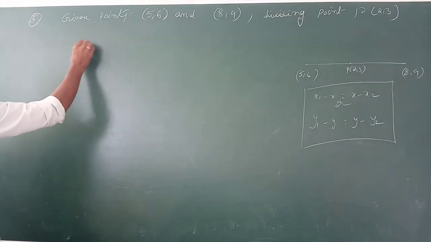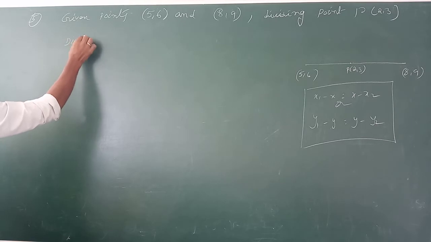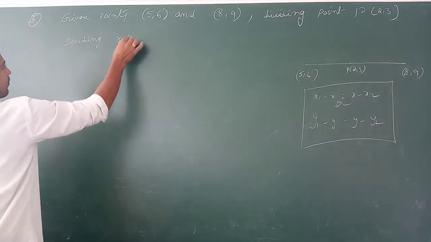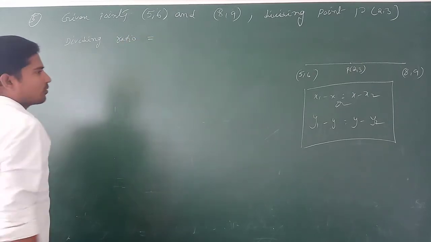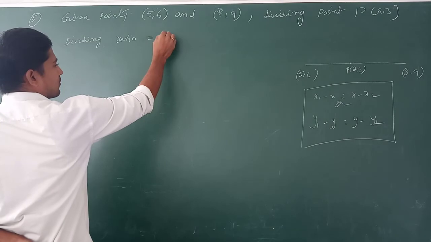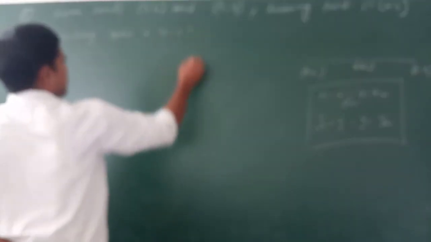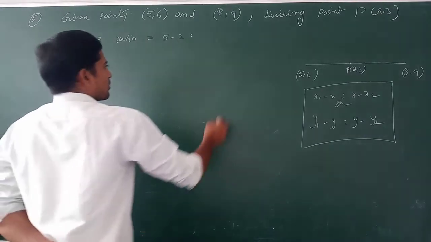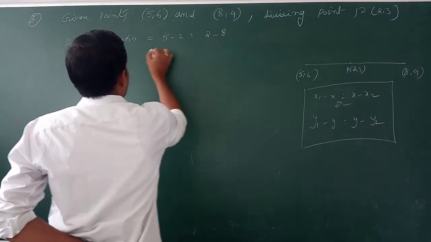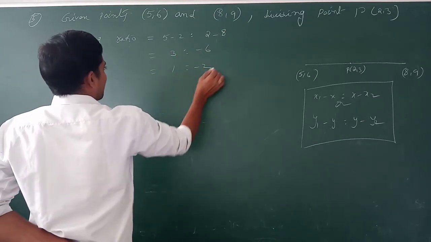So the dividing ratio equals (x1 minus x) is to (x minus x2): (5 minus 2) is to (2 minus 8), that is 3 is to minus 6, equal to 1 is to minus 2.